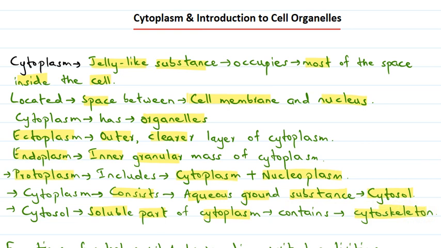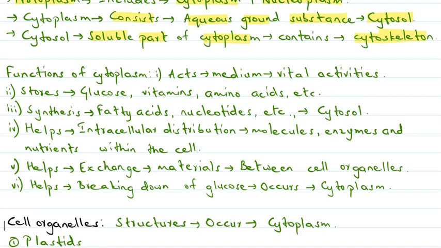So this was about the cytoplasm. Then we discussed the functions of cytoplasm. The cytoplasm acts as a medium for the vital activities. It helps in storing glucose, vitamins, amino acids, etc. It helps in the synthesis of materials like fatty acids and nucleotides, which takes place in the cytosol.